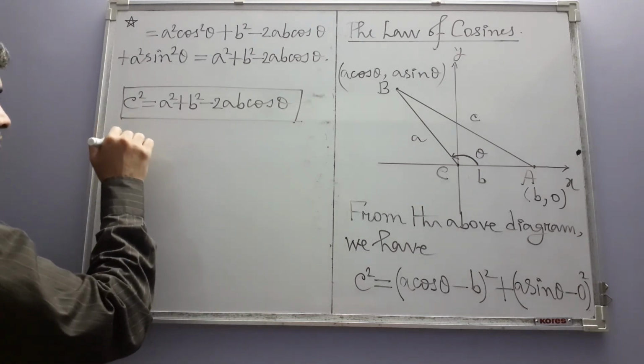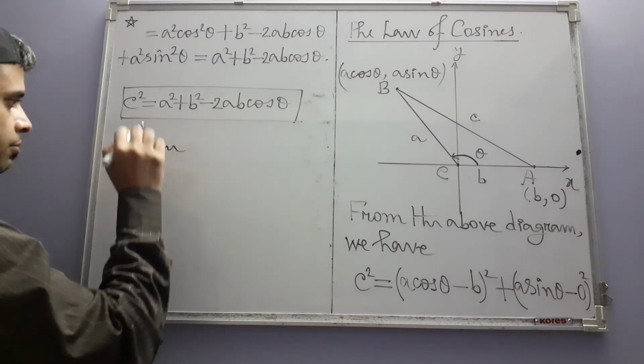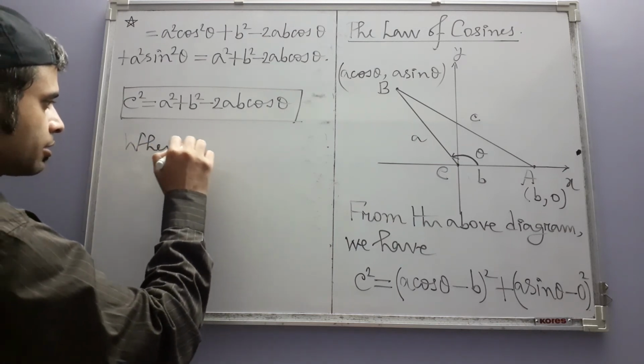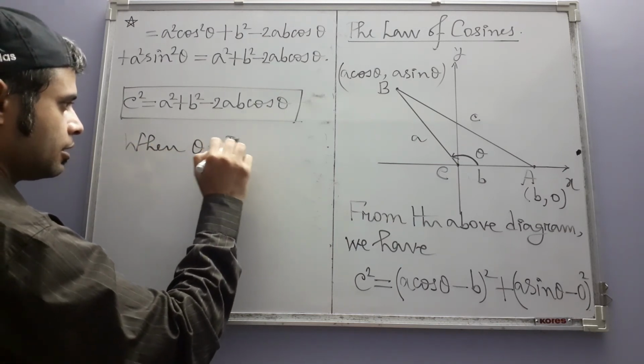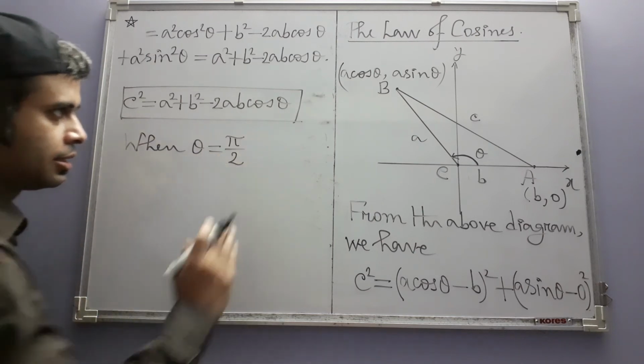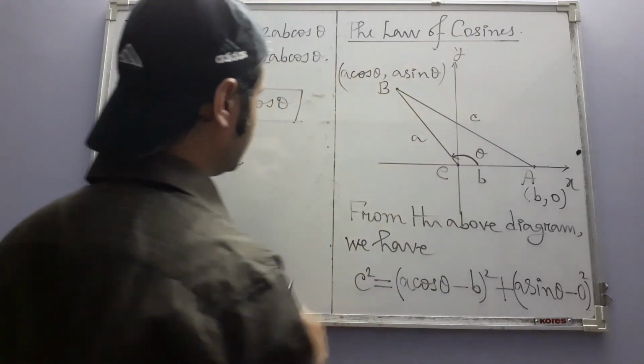Now, this is a special case, when theta is pi by 2 radians, that is when this is actually a right angle triangle.